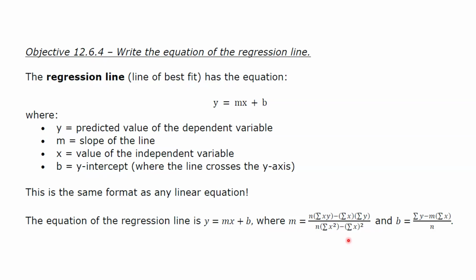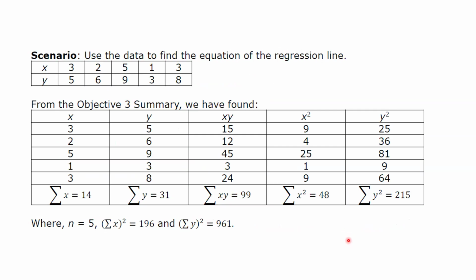So let's find the regression line equation for the same data set we previously worked with. So we have our 5 data points. We found our sums of x, y, x squared, and y squared. All right, so we know 5 is n. The sum of x squared is 196, and the sum of y squared is 961.